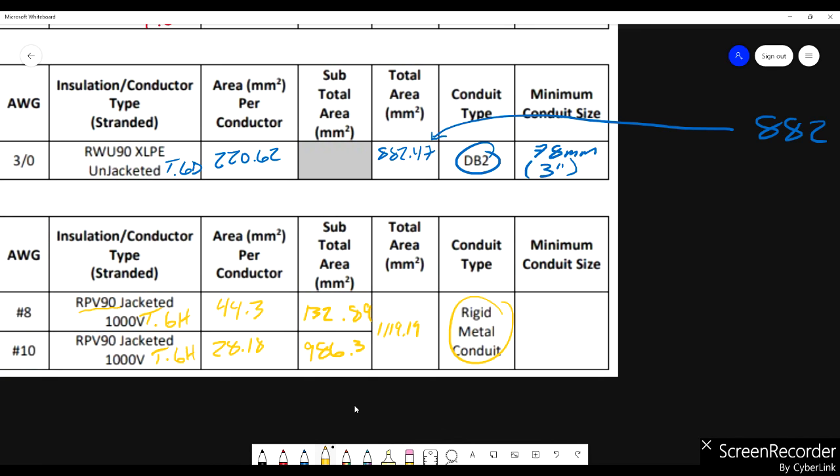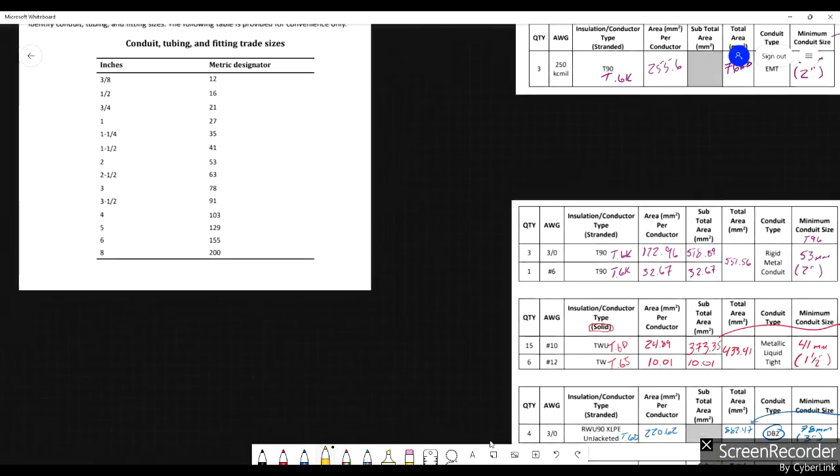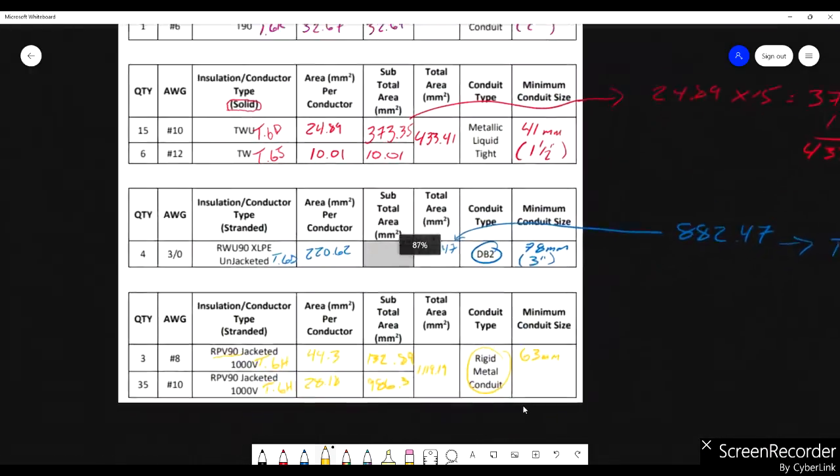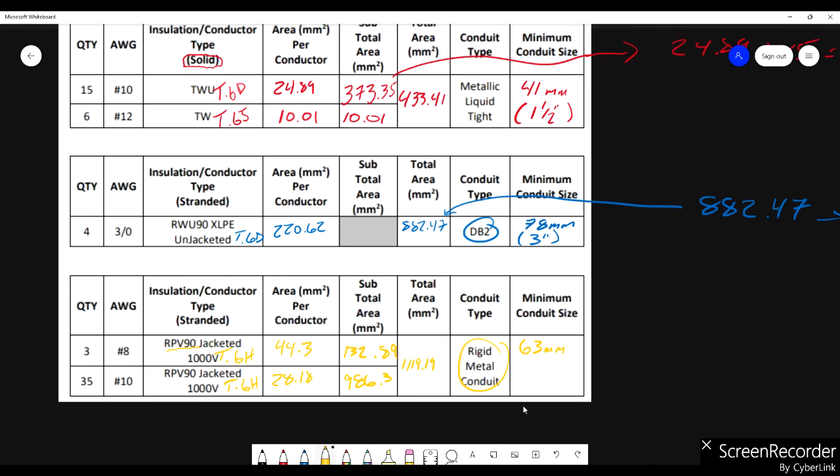When you go to table 9G, you will see that you would need a 63 millimeter conduit, which is good for 1255.62, right? It's larger than our calculation. And a 63 millimeter is the trade equivalent, would be 2.5 inch. So you would need 2.5 inch, or if you want to talk metric, 63 millimeter rigid metal conduit.